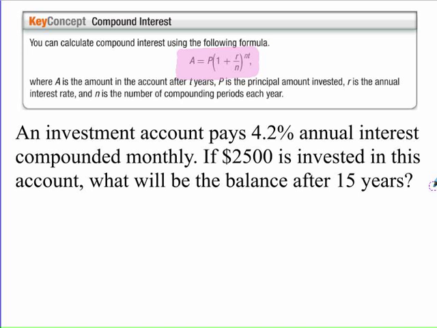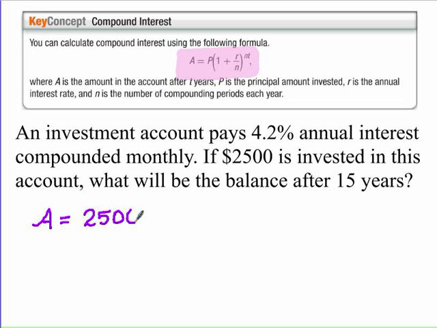If $2,500 is invested in this account, what will be the balance after 15 years? So let's go ahead and start. My formula, A equals, that's my final amount. P, what will P be in this problem? 2,500, that is my starting amount.